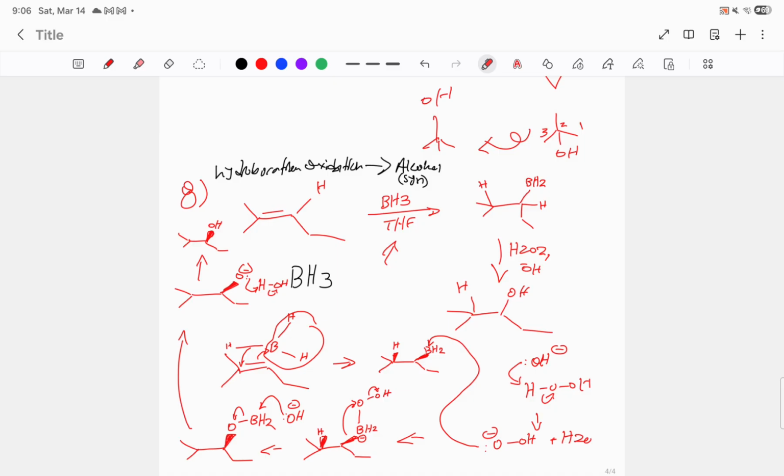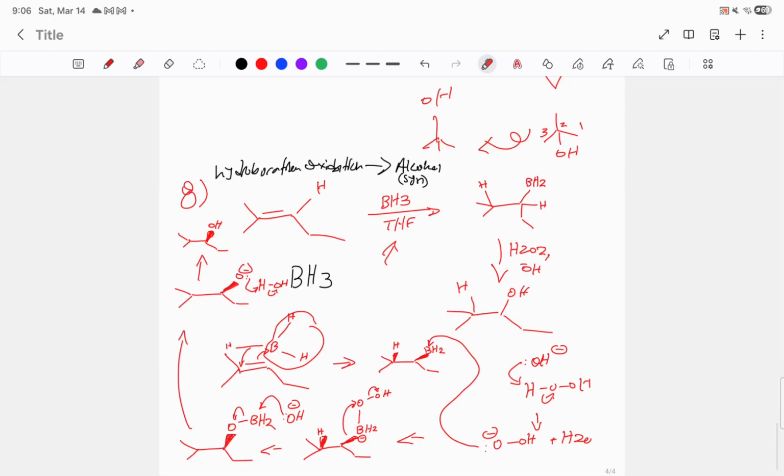It is regiospecific because the OH attacks the less substituted carbon. It is stereospecific. The boron and the hydrogen add syn to the double bond, and the oxidation step retains the configuration of the previous step. So the overall addition is syn.